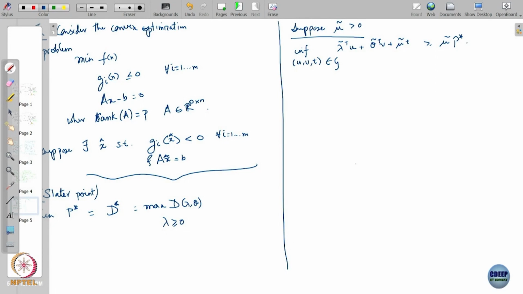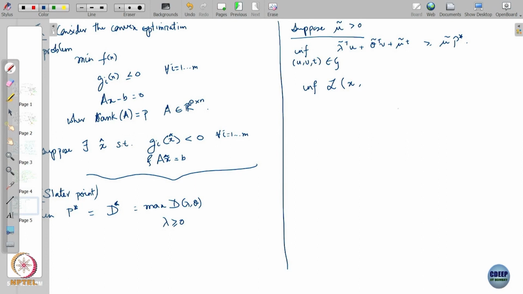Now, suppose mu tilde is positive, and I have that lambda tilde is greater than or equal to 0 already. So, this is actually nothing but the infimum of the Lagrangian evaluated at, so what I can do is the following.